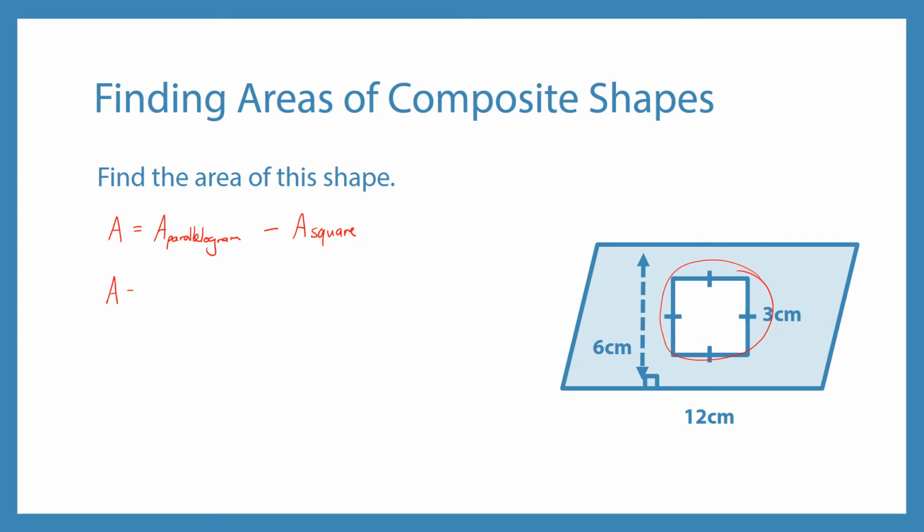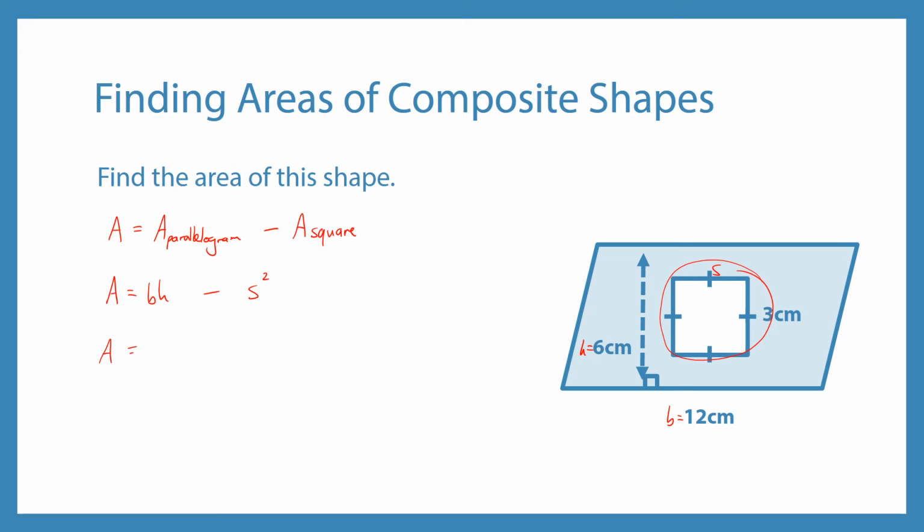So we go A equals, and the area of a parallelogram is just base times height, minus the area of the square, and we'll call these S, this is base and this is height, minus S squared.